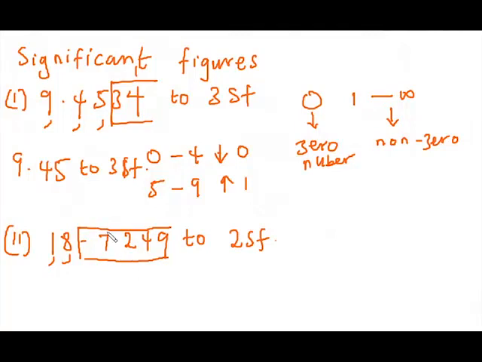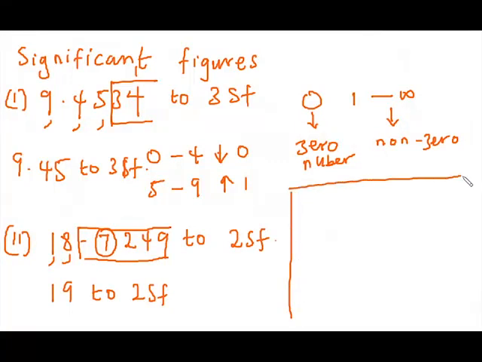The first of those eliminated numbers, 7, is between the range of 5 to 9. This means that 7 is rounded up to 1 and added to this number. It becomes 19. So 19 is the form of this number to 2 significant figures. Now let's pick an integer form of this problem and solve.